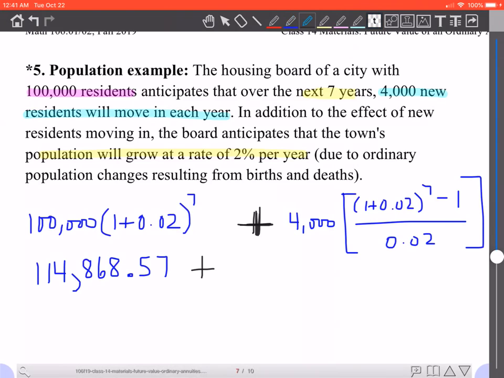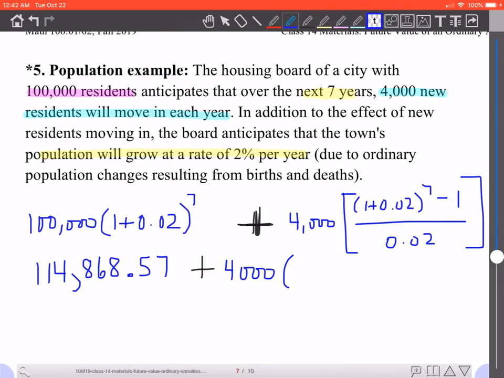So we're going to add to that the annuity part, which is the 4,000 residents every year. I'm going to write out the annuity factor. So 2% growth factor to the 7th power minus 1, and we're going to divide that by 2%.